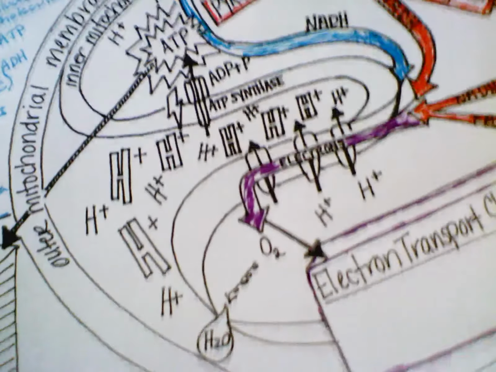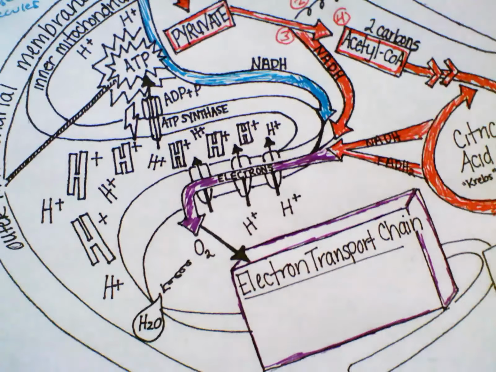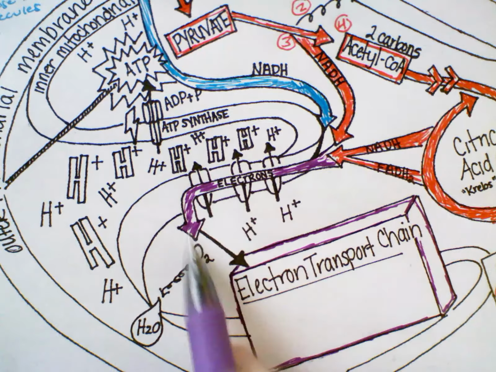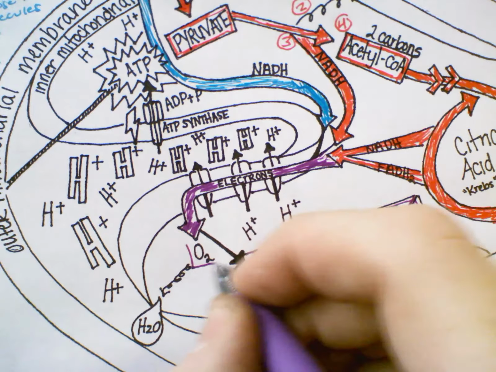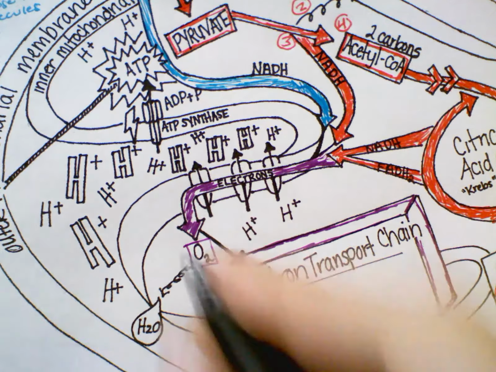Okay. So I wanted to highlight that so that whenever I go over this, it makes sense. Okay, so electrons enter the electron transport chain. They're being pulled across that series of proteins. Okay? And as the electrons move through, they're getting pulled by this oxygen right here. And remember that oxygen has a really high electronegativity.